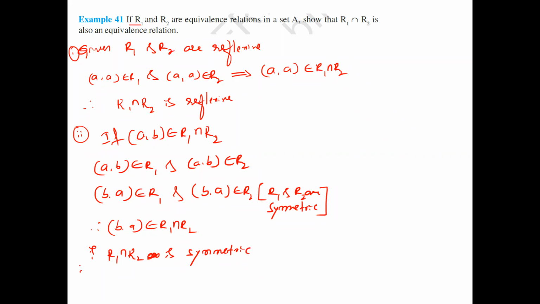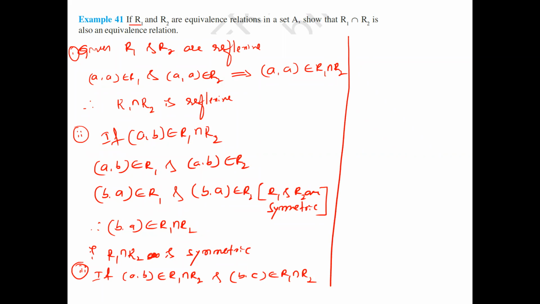Next one is transitive. If (A, B) belongs to R1 intersection R2, then (B, C) belongs to R1 intersection R2. Now I have to show this one.